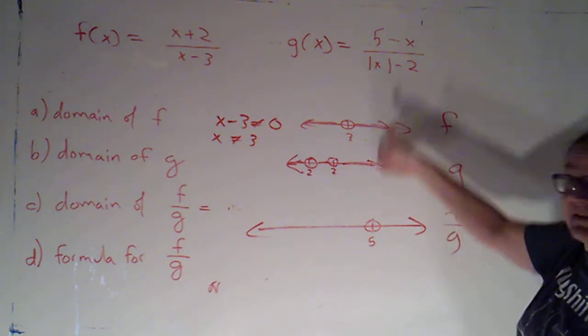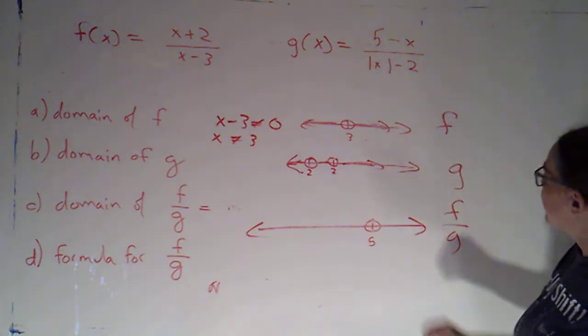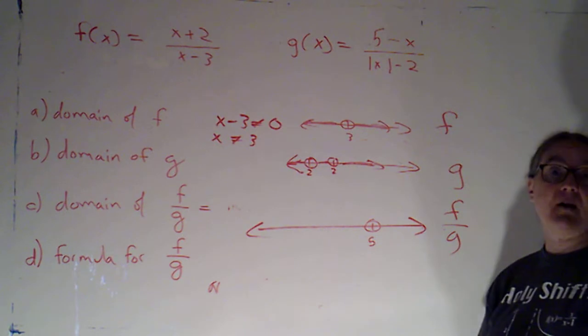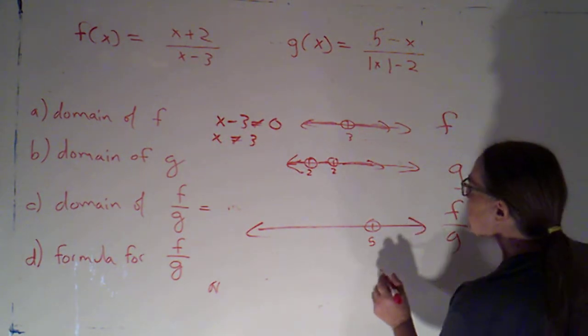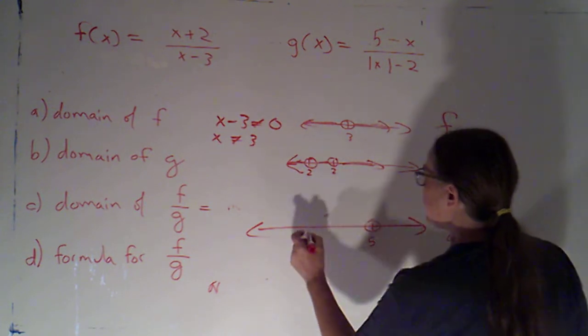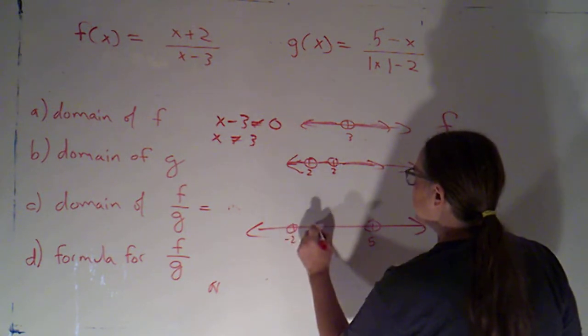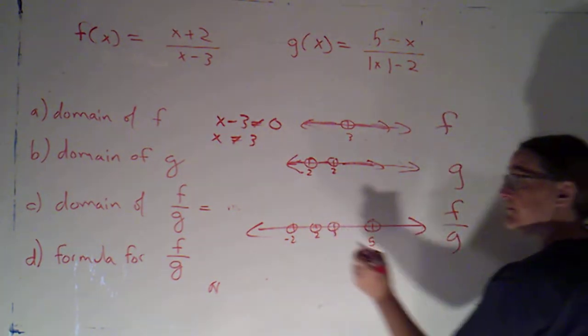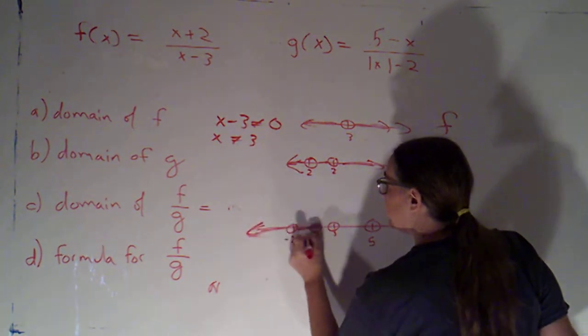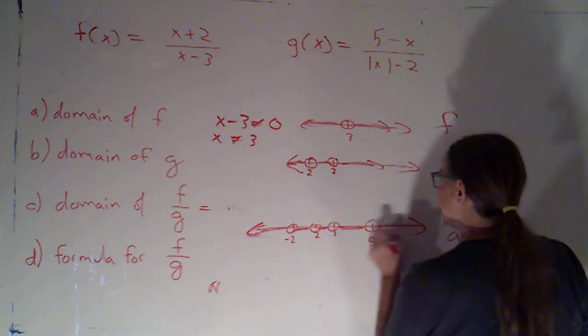Notice that 5 would be in the domain of any other arithmetic operation that I use to combine f and g. So it looks like everything's shaded twice except negative 2, 2, and 3, and then I've got to remove 5 as well. So this is a little crazy.